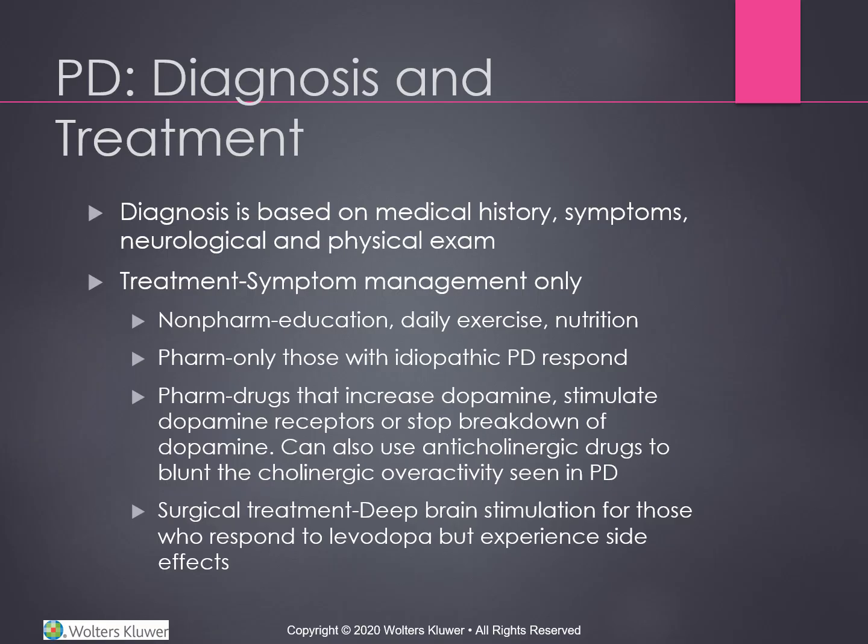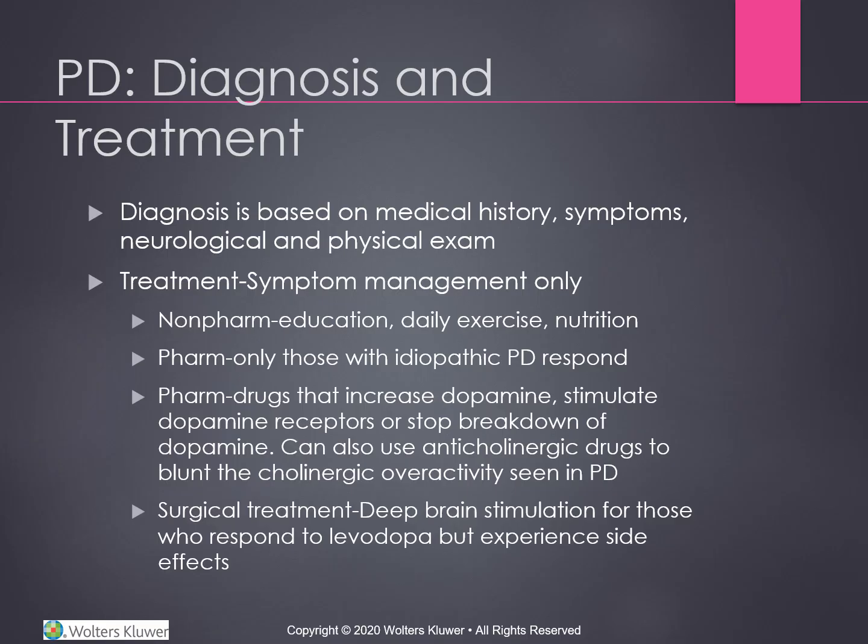We can also use anticholinergic drugs that can blunt the cholinergic overactivity that we often see in Parkinson's disease. So again, two targets of pharmacological treatment. We can either try to increase the overall activity of dopamine through those three separate mechanisms, or we can try to blunt or reduce the activity of acetylcholine to try to smooth out or reduce the symptoms of Parkinson's disease.